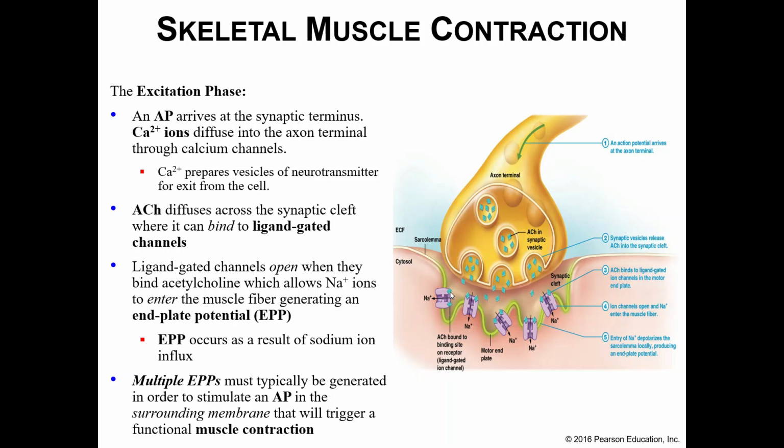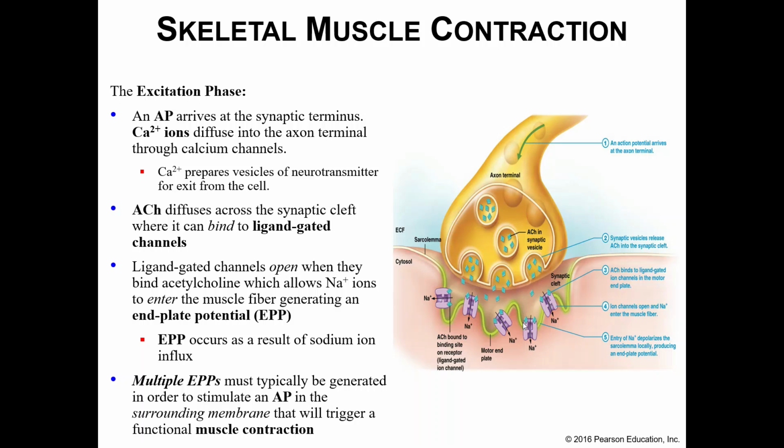Now, these ligand-gated channels are going to open when the ligand binds. In this case, our ligand is acetylcholine. This opens up these sodium ligand-gated channels, because they are sodium ligand-gated channels. Sodium is going to rush into this muscle cell. This is called an end plate potential. Remember, this is the motor end plate.